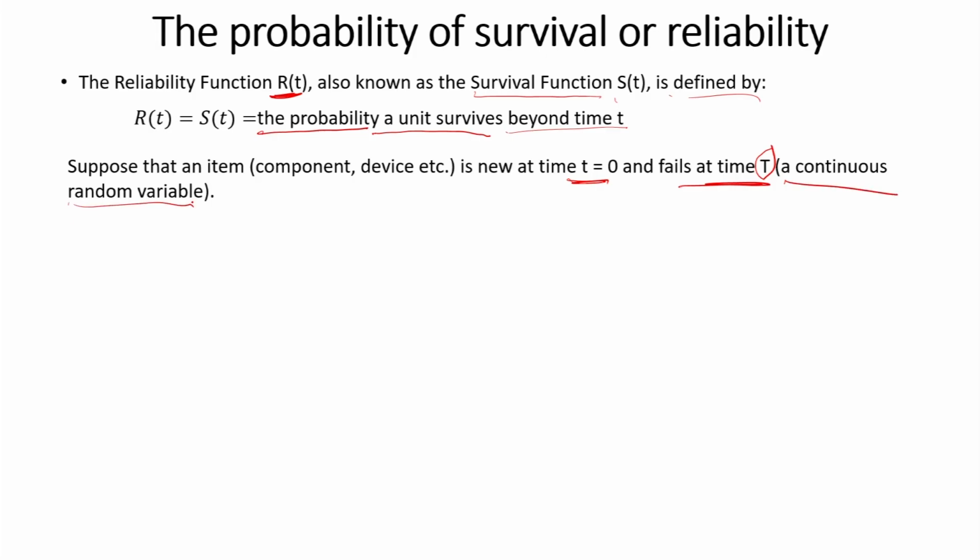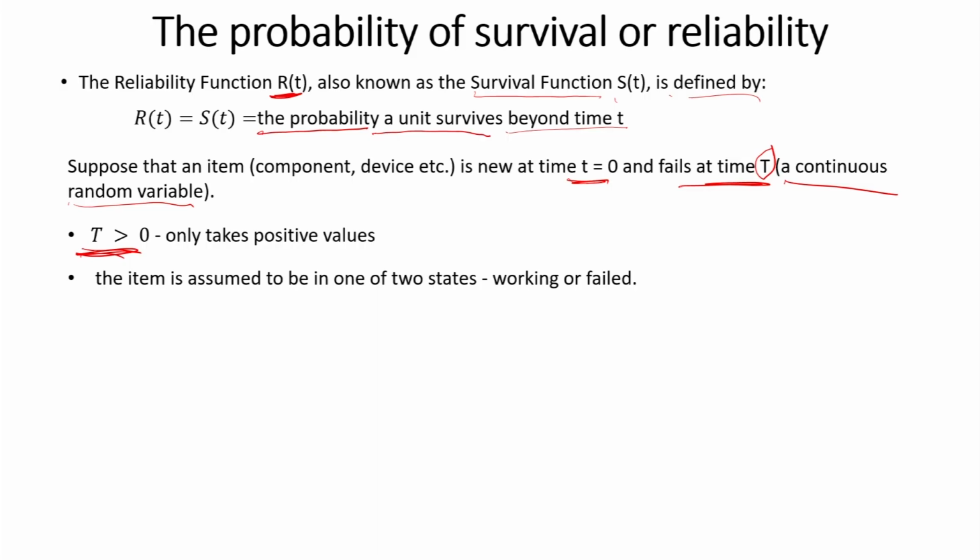In probability theory, a random variable or random function can be discrete or continuous depending on the type of variable. You can revise those things, but here the time is a continuous random variable. So, this t has to be greater than 0, because it takes only positive values.